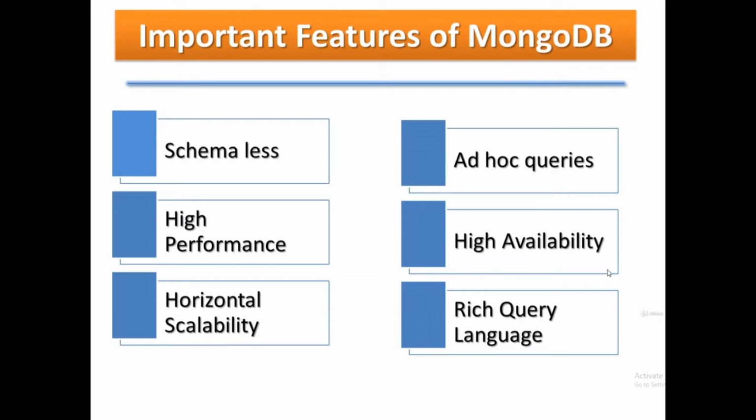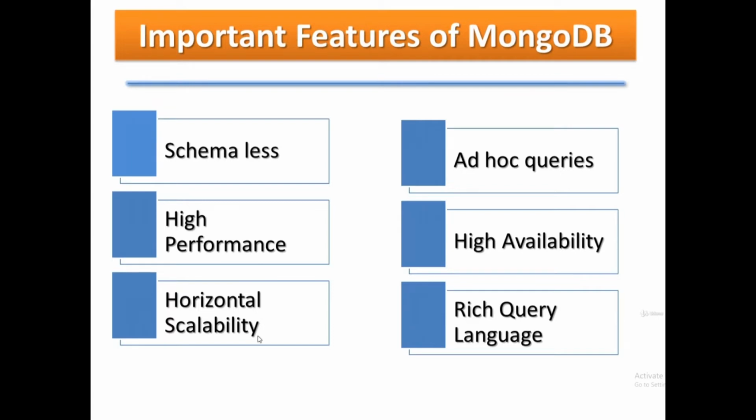The next feature is high availability. MongoDB provides auto replication that allows you to quickly recover data in case of failure. A replica set, which is a group of MongoDB servers, is created by MongoDB and maintains the same data on all the servers. So this replica set provides redundancy, which increases data availability.